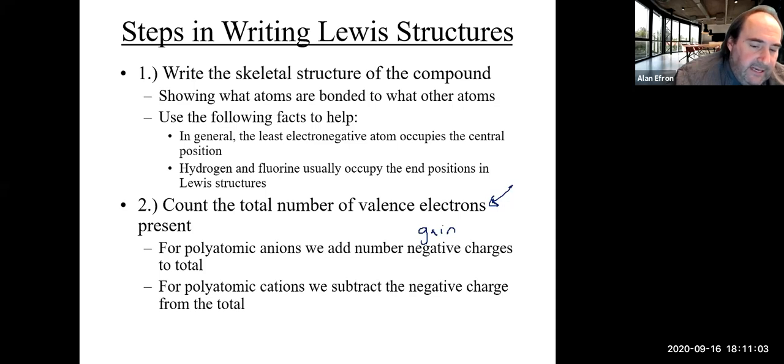Sorry, anything that has a positive charge, we want to subtract that positive charge from the total. Again, a positive charge means that it lost electrons. The reason that number is important is because when your picture is done, you should have exactly that number, no more, no less electrons. You've got to hit it right on the nose.